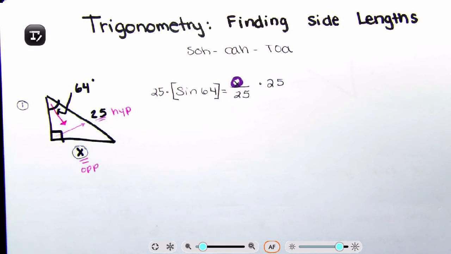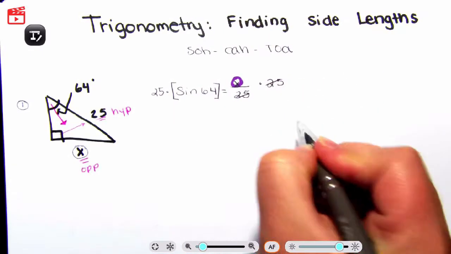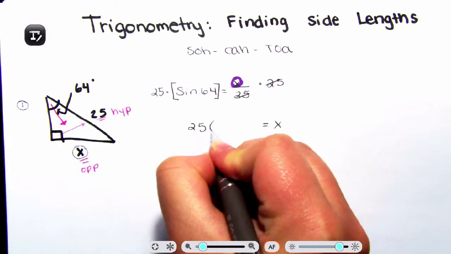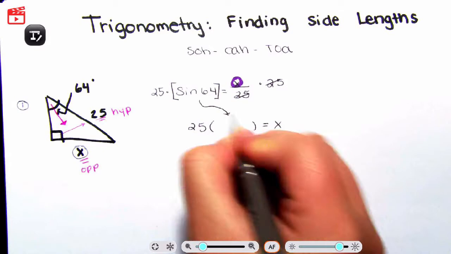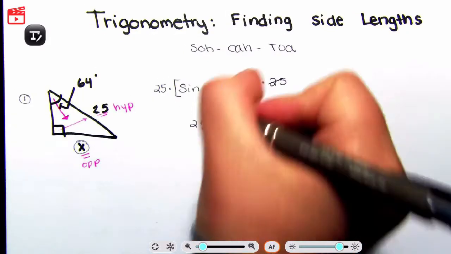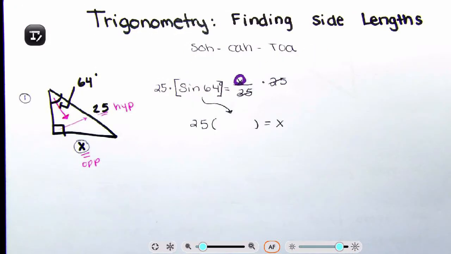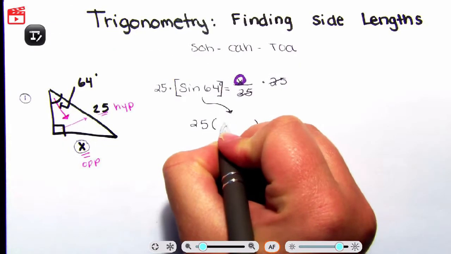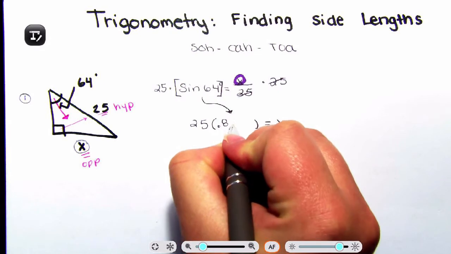So x, or my side length, is equal to 25 times whatever my calculator tells me sine of 64 is. Now, 64 is in degrees, so it's super important that you have your calculator mode set to degrees so we can compute this correctly. I'm not going to round in my calculator.